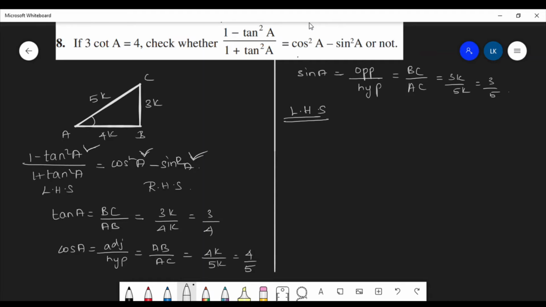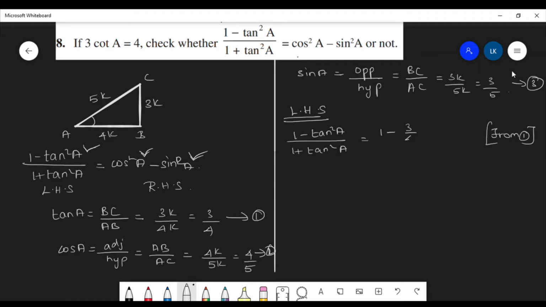LHS is 1 minus tan square A by 1 plus tan square A. Let us consider these equations as number 1, number 2 and number 3. From number 1 we know that tan A is equal to 3 by 4.